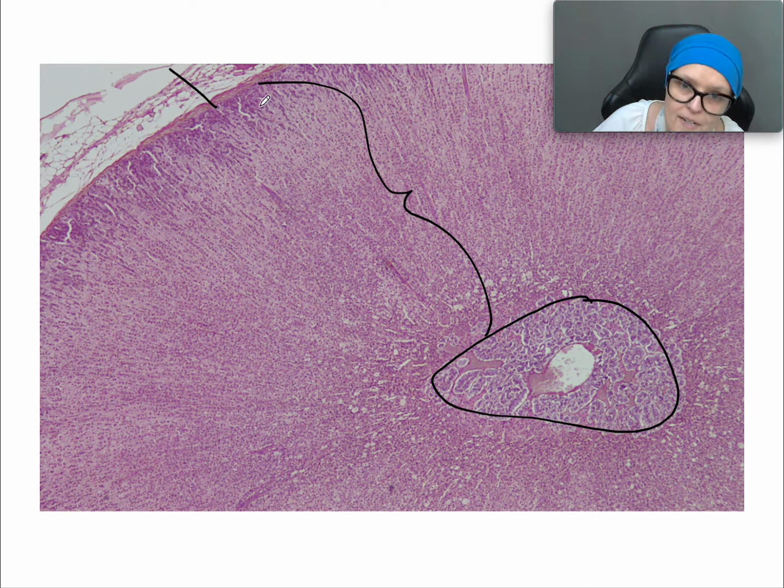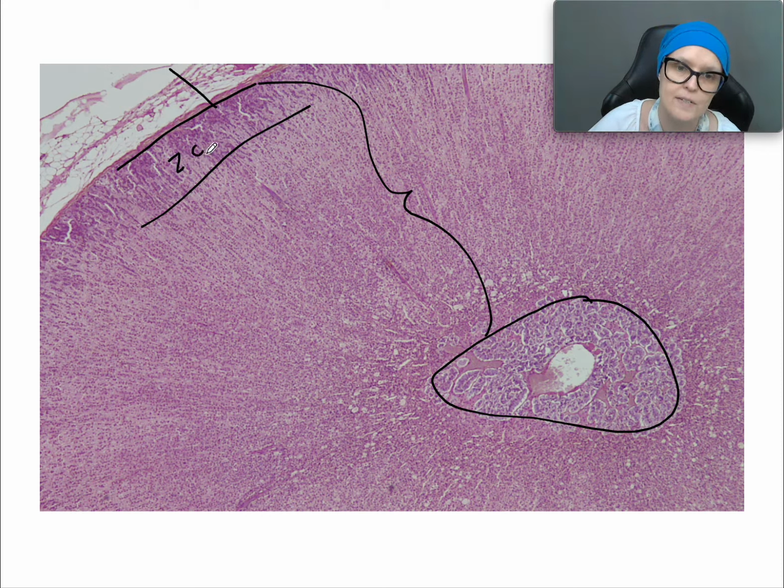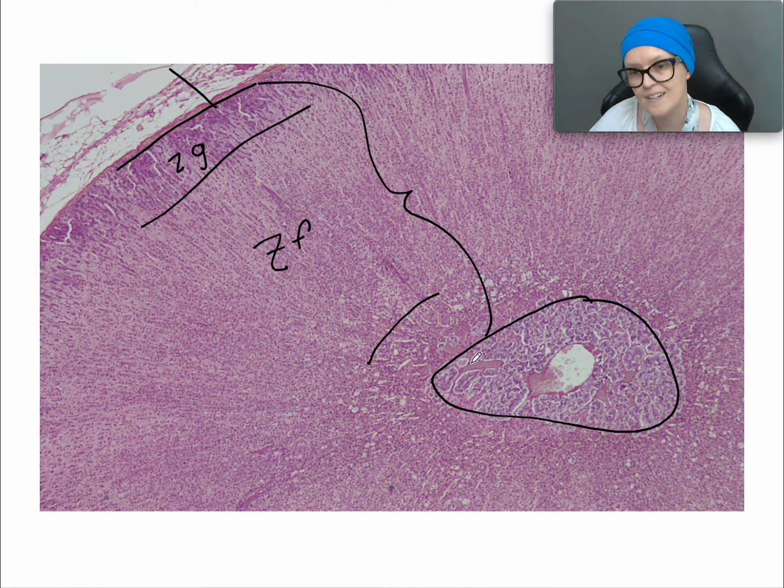And then here you can kind of see the difference, right? From like here to maybe here-ish is the zona glomerulosa. And then the majority is going to be zona fasciculata. And then a little bit, and it looks a little different on this slide, the zona reticularis.